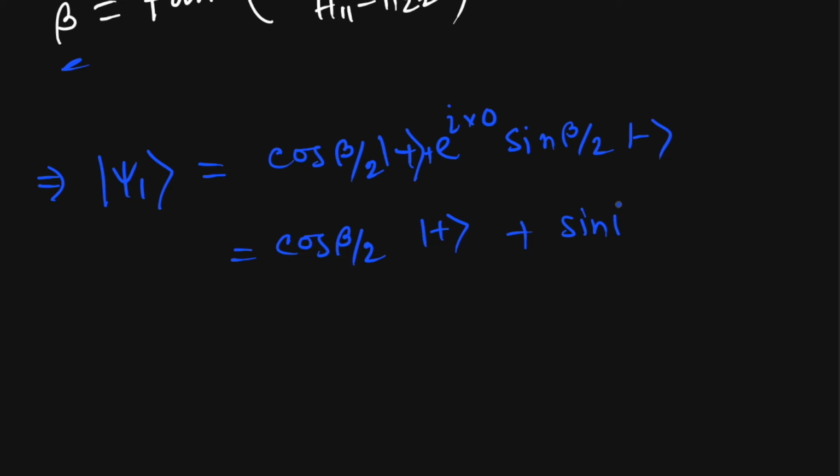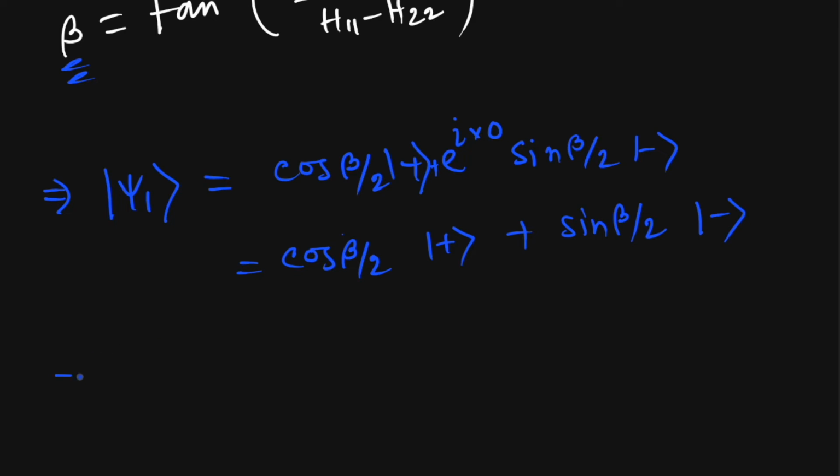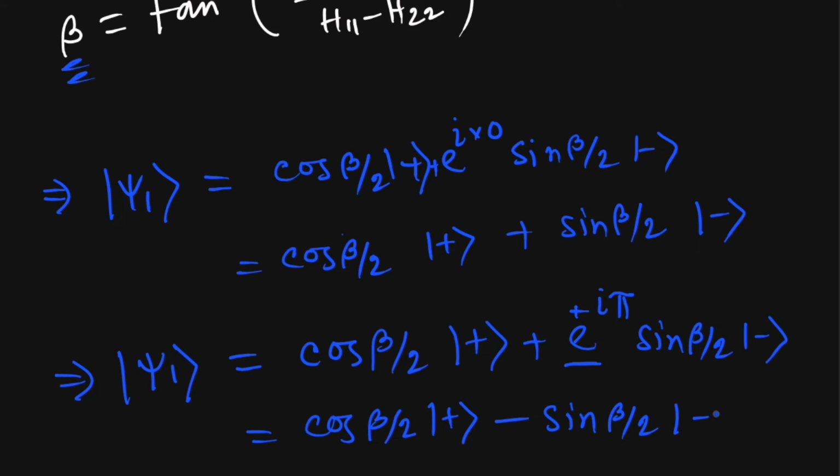Another eigenvector will be ψ2 equal to cos(β/2)|+> plus e^{iπ} sin(β/2)|−>, which is cos(β/2)|+> minus sin(β/2)|−>, since e^{iπ} equals −1.